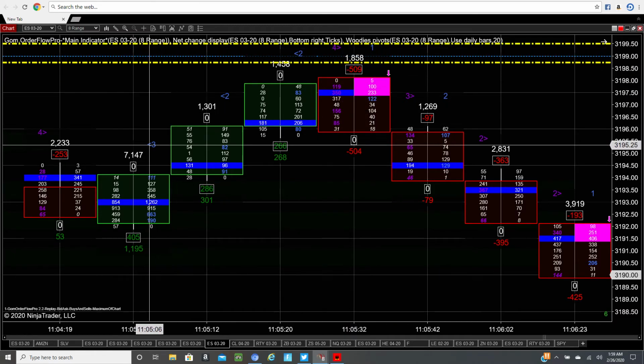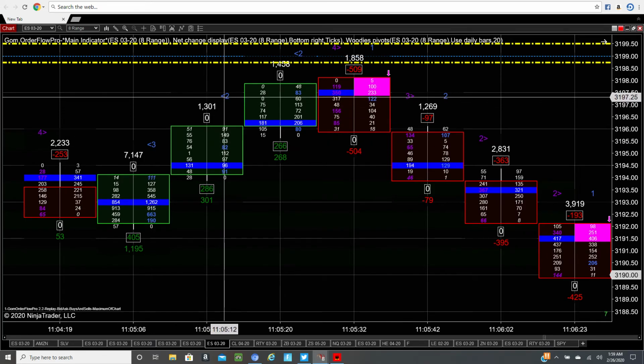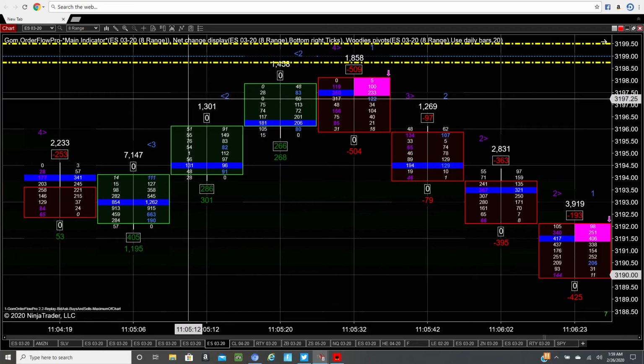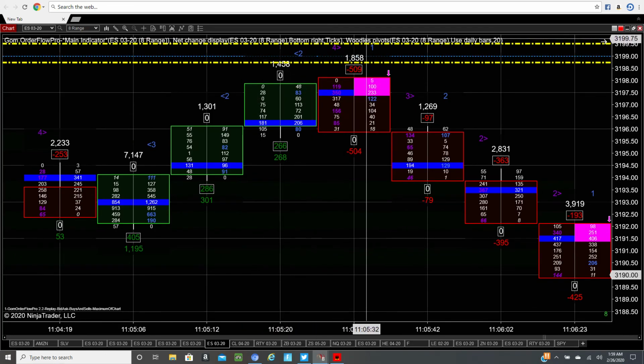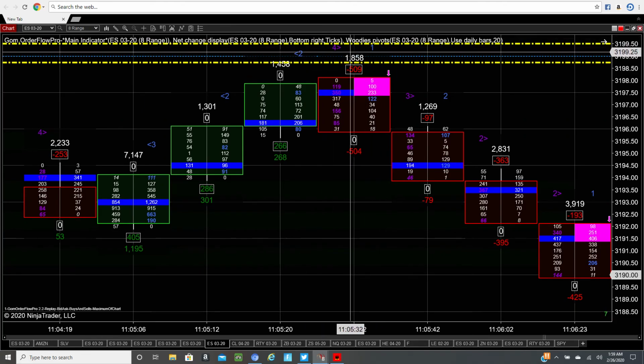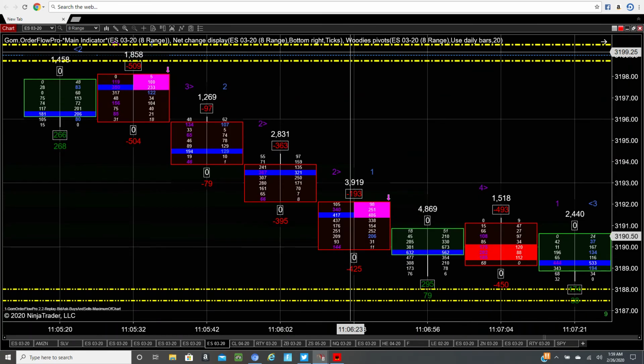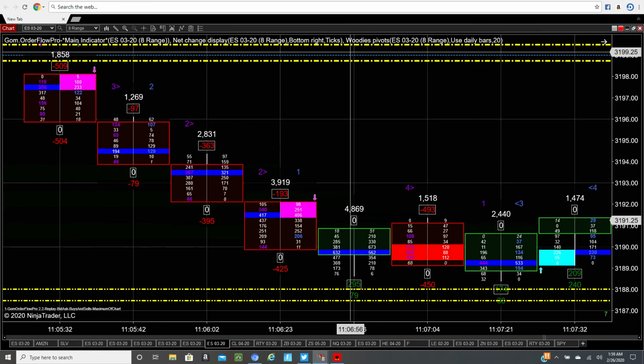After you just had 3 on the offer, nothing on the bid, 2 on the offer, nothing on the bid, 2 on the offer, nothing on the bid. That is a change. That's a shift. Something's about to happen. And sure enough, it does.